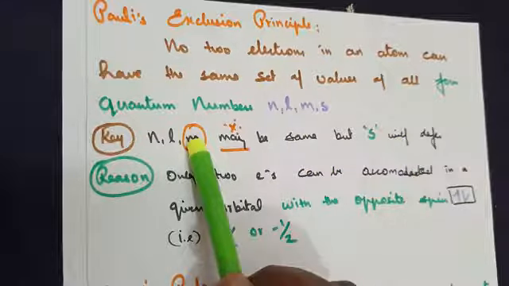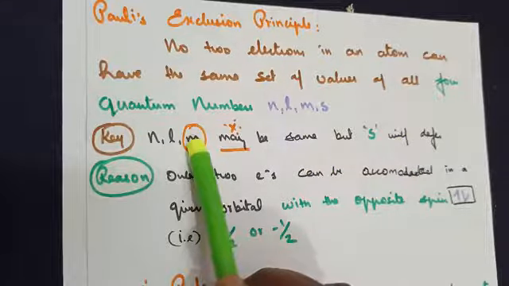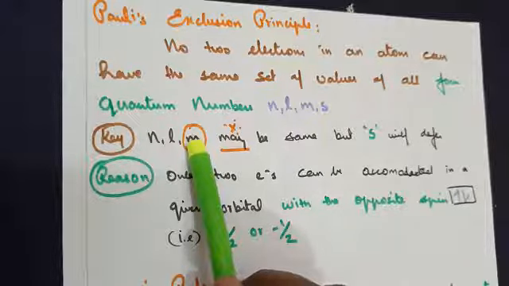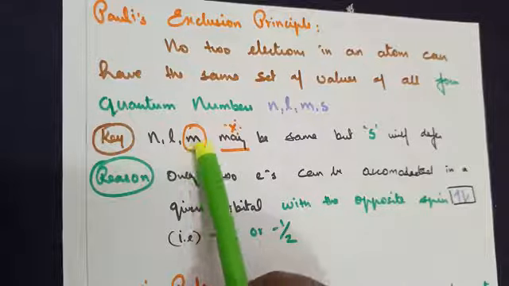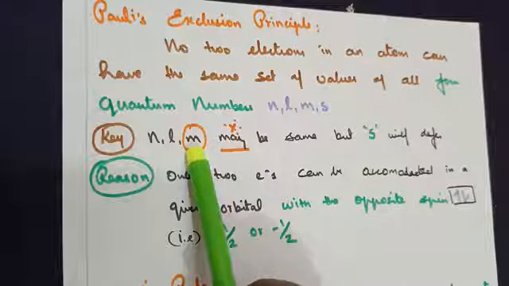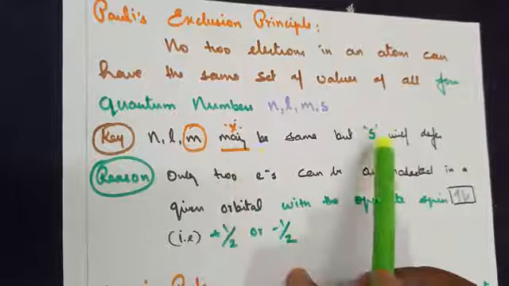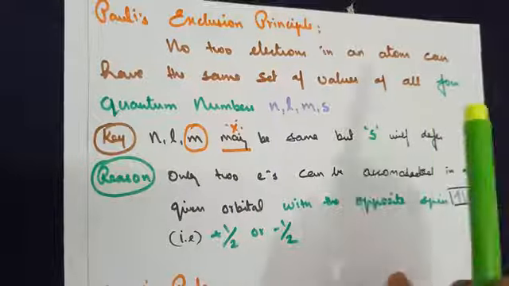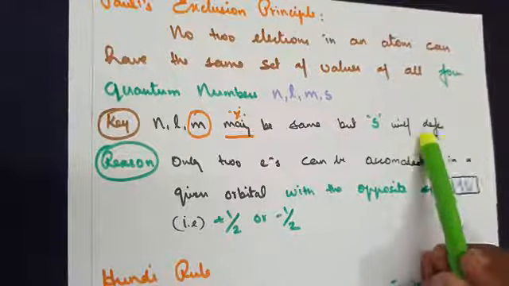If you remember, when I taught you the quantum number concept, I gave you the magnetic quantum number values -1, 0, +1, and -2, -1, 0, +1, +2. So it can have different numbers, and no two electrons will have the same number. Also, s will differ. Why do we say it will differ?